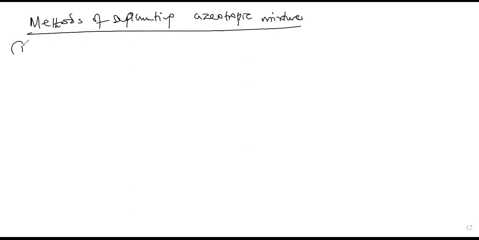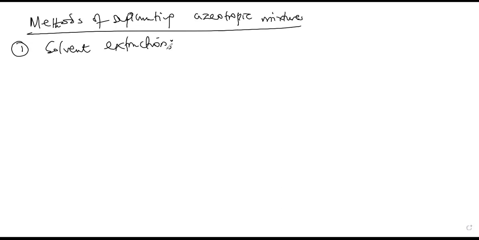The first method is we can use solvent extraction. We shall cover the details of solvent extraction when we start some other area. But in solvent extraction, one of the components can be obtained by adding a solvent in which it is more soluble.